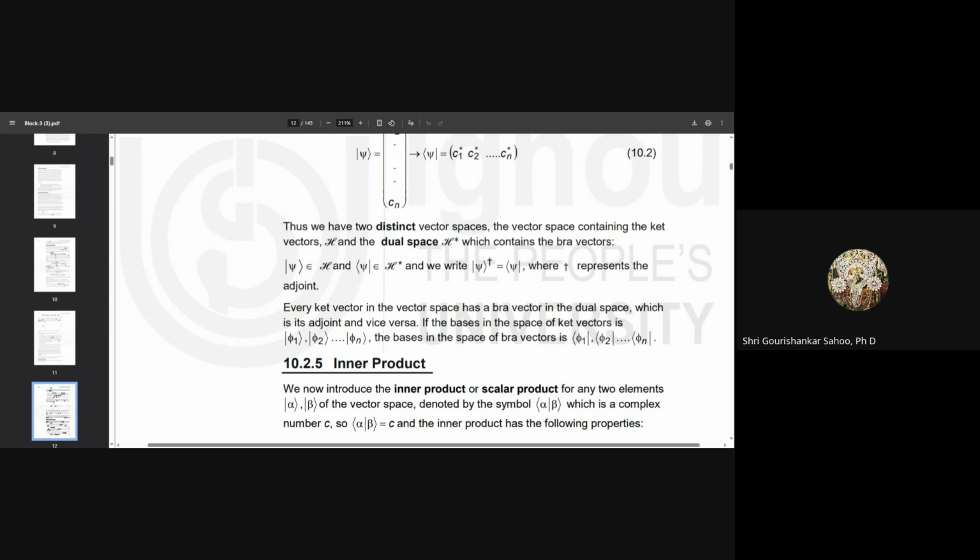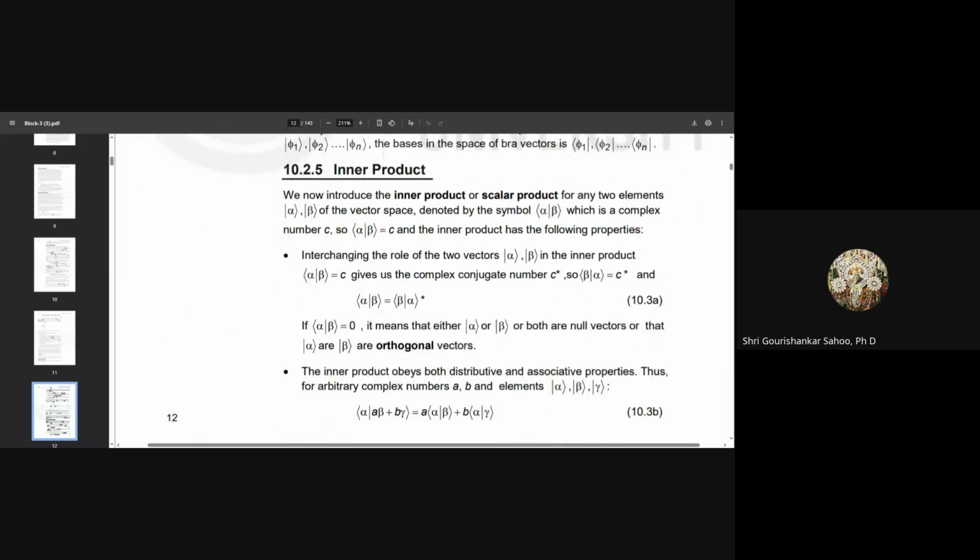Every ket vector in the vector space has a bra vector in the dual space, which is its adjoint, and vice versa. And if the basis in the space of ket vectors is phi 1, phi 2, and so forth, phi n, the basis in the space of bra vectors is bra phi 1, bra phi 2, and so forth, bra phi n.